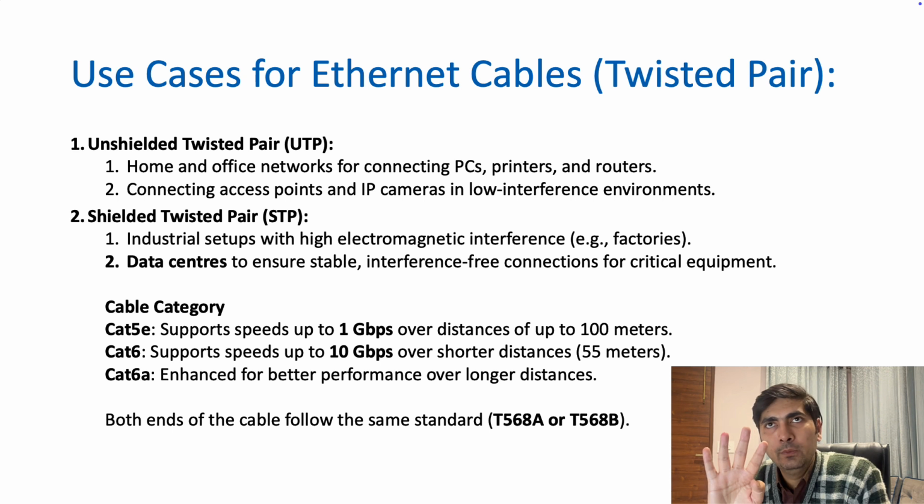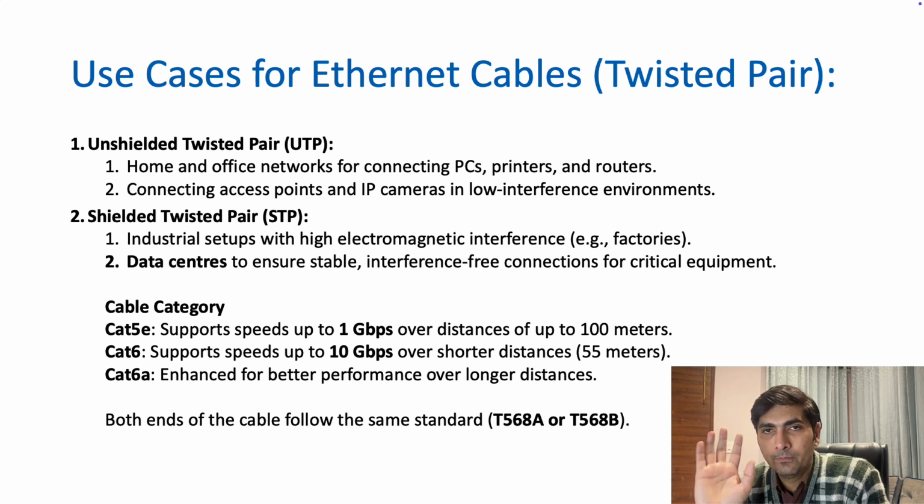So 4 cables will be dual colored and 4 will have individual colors. Each of these thin cables inside this Ethernet twisted pair provides voltage up to plus minus 2 volt.